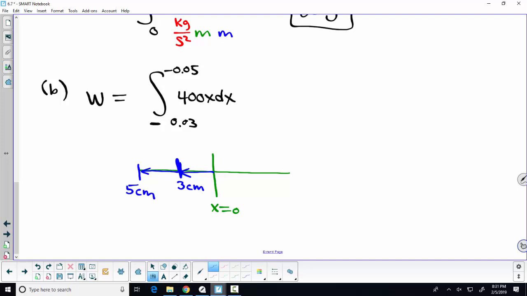Any other questions? The dx? So this is force. 400x is the force, and the dx is the tiny little distance it gets moved. Here's our spring on this axis, let's say.